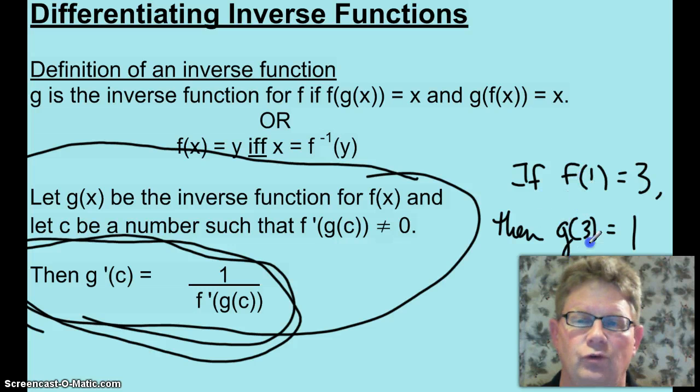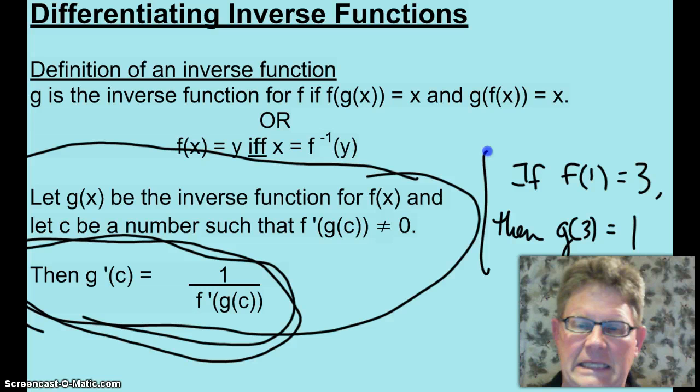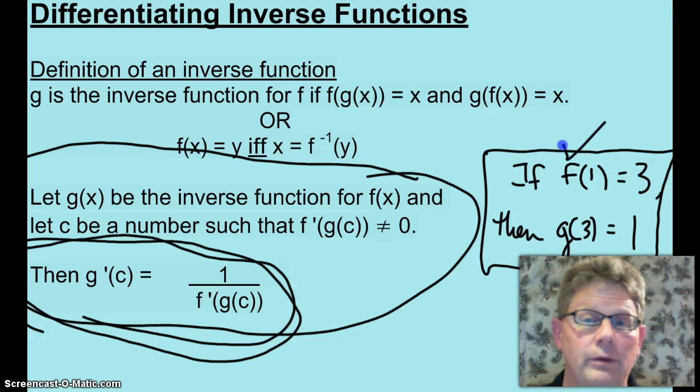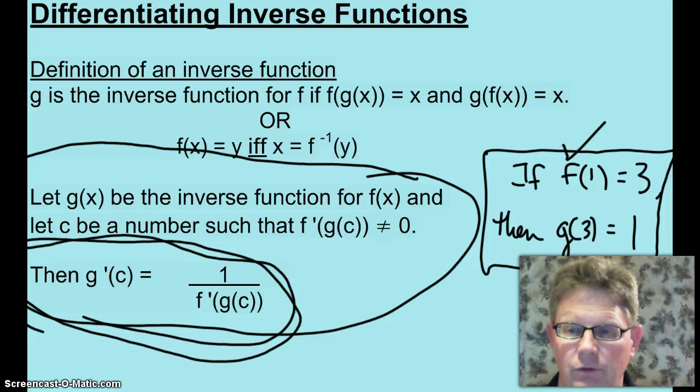That's the way inverse functions work. They undo each other. This is a very key concept with inverse functions. You need to remember this, because otherwise you're not going to be able to do these problems.